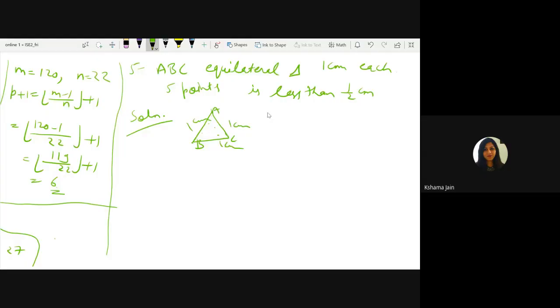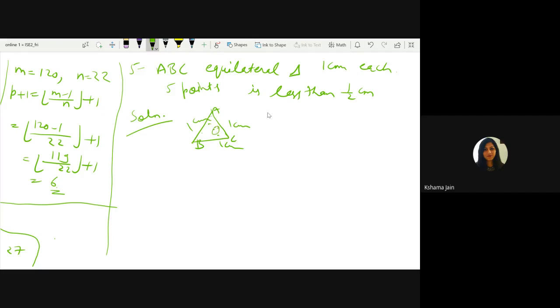It is possible that we put these 5 points farthest apart. Even if we try, 4 we can put at the maximum distance, but the 5th one would become definitely near to some other point. And near in the sense that the distance between the 2 would be less than half centimeter.